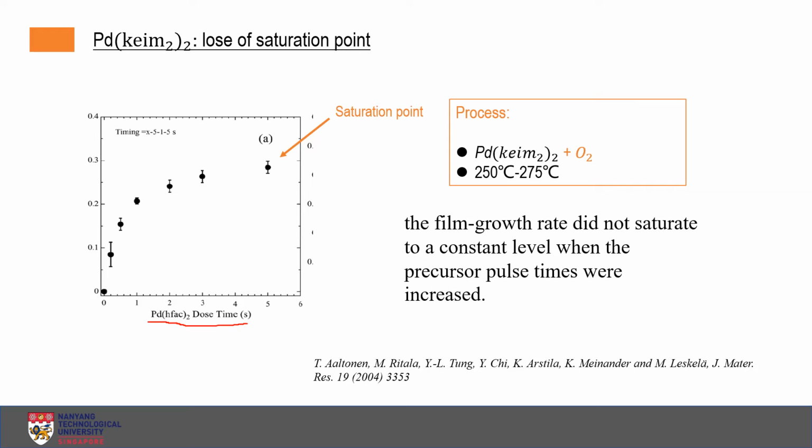And if the surface is fully occupied by the precursor, the reaction will stop. So there must be a maximum point. And beyond this point, the growth rate will not increase anymore. However, this point was not observed in this study.